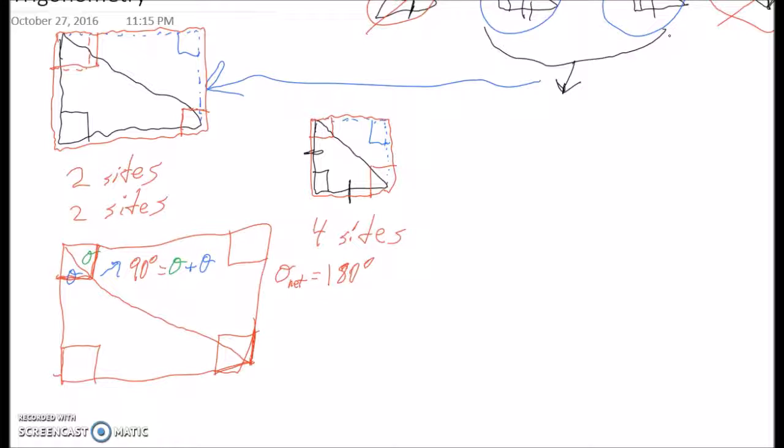So if it is true, then let's look at the top triangle here, and this one here, and let's try to look for this angle theta down at the bottom corner.